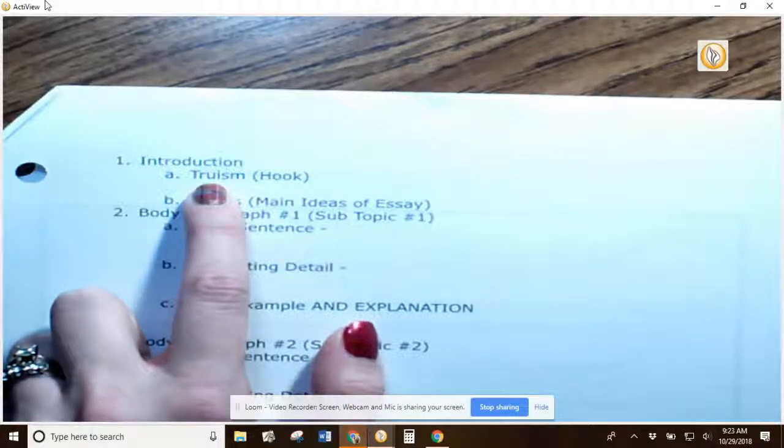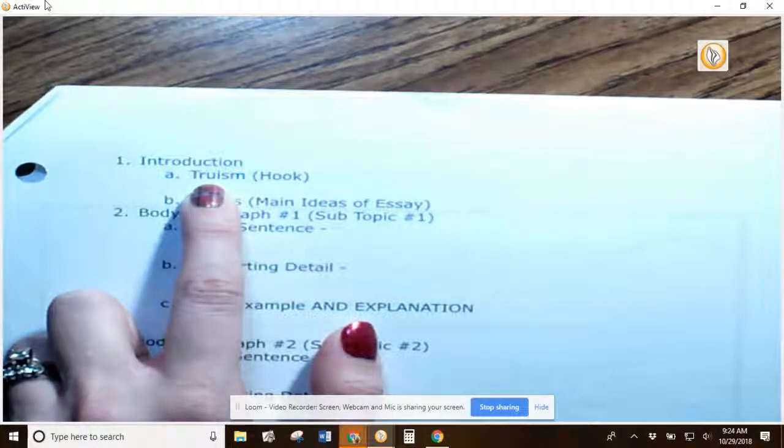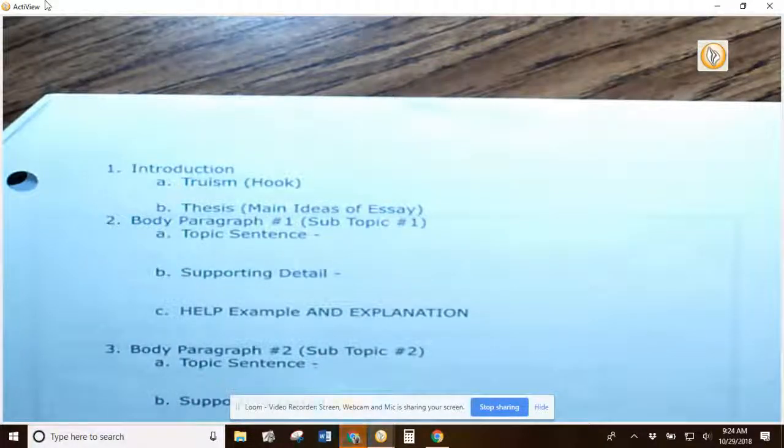A truism is a general, true statement about life that can apply to anybody, a universal statement, kind of like a theme. Something like, failure is never easy to experience. That's a truism. You should not judge people by their appearances. That's a truism. So you try to think of a statement like that that has to do with your topic, then you can tie it in and make it more specific when you write your thesis statement.